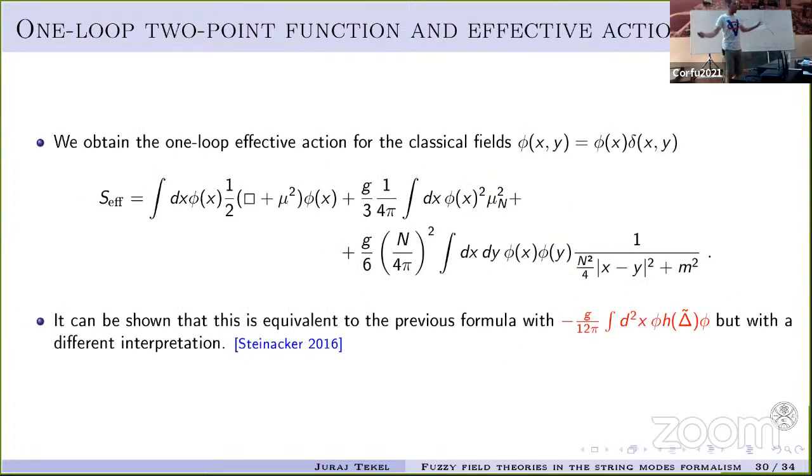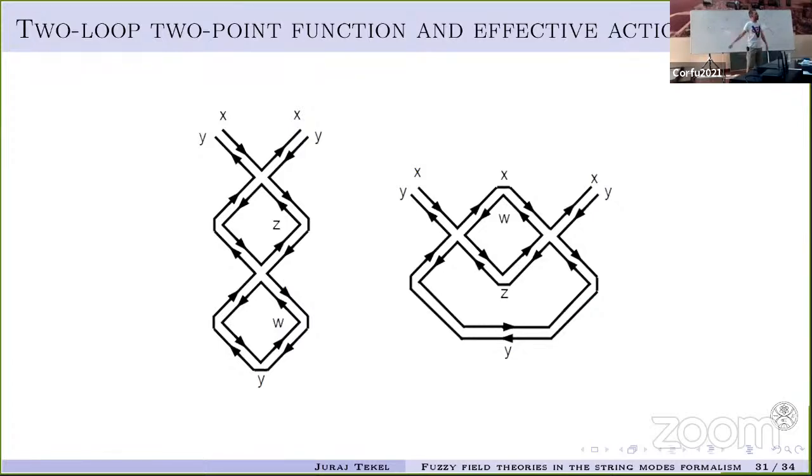And the biggest advantage of this approach is that you can straightforwardly go beyond one loop, which is next to impossible, or you would need to gather too many PhD students to do the calculations in the standard momentum basis representation. But here it's quite straightforward to write diagrams like this.